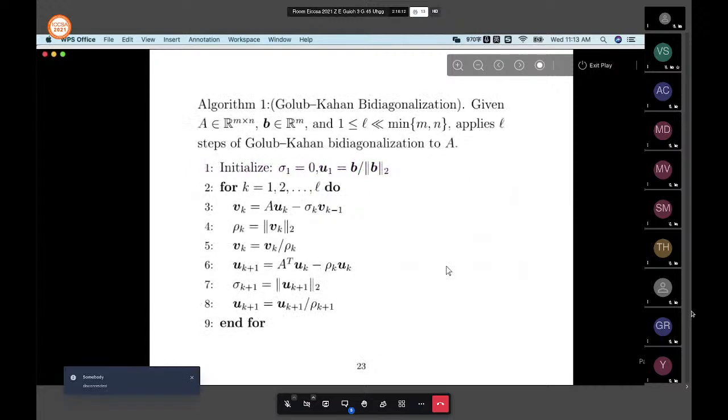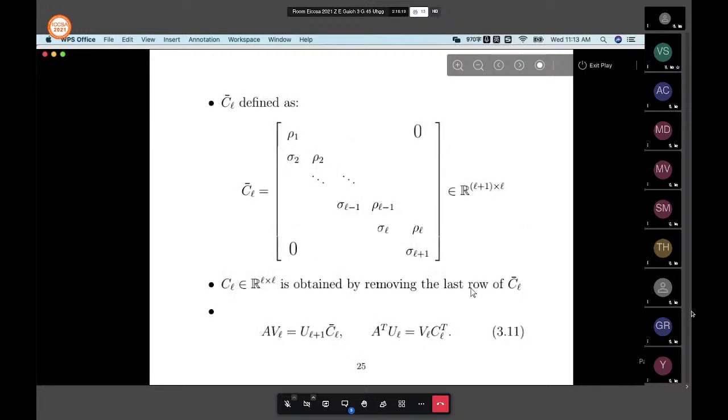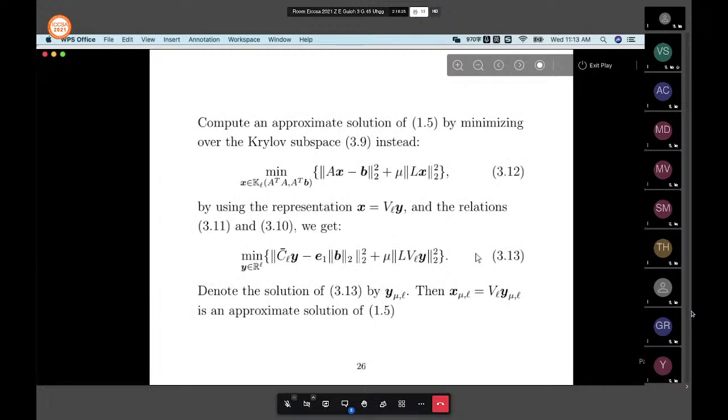After L steps of iteration, we get this V_L matrix, the range of which is a Krylov subspace. With the relation 3.11, we minimize the Tikhonov regularization problem on the Krylov subspace instead. With the substitution of the solution X and the relation 3.11, we arrived at this simplified minimization problem.